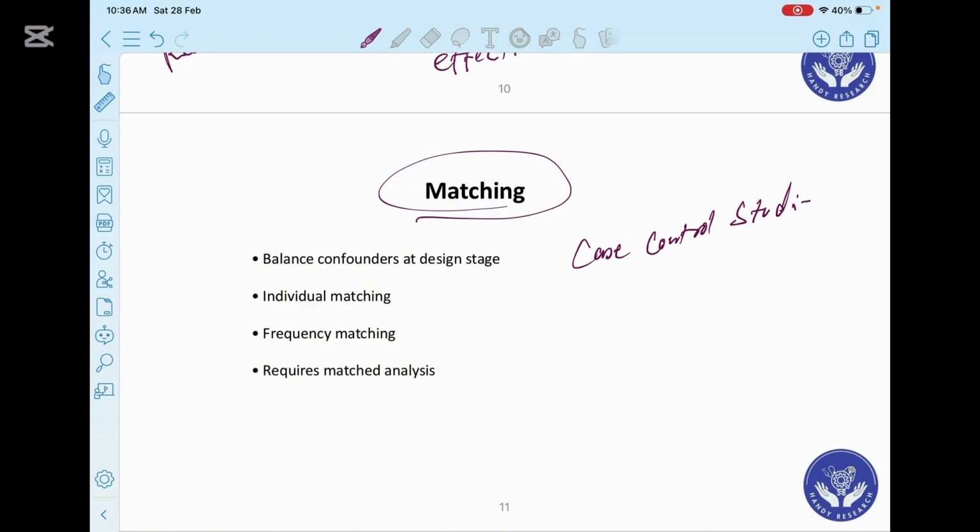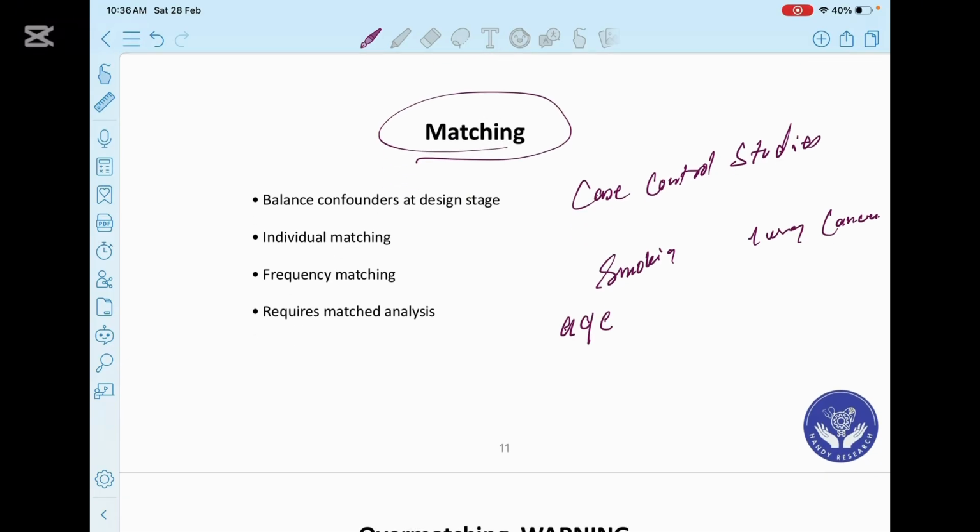So let's take an example. Suppose we are doing a study on smoking and lung cancer. What would be the possible confounding factor? We know age is a confounder. So if lung cancer cases are older than controls, age will disturb the association.